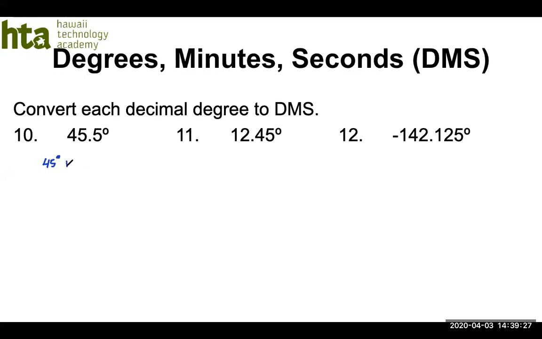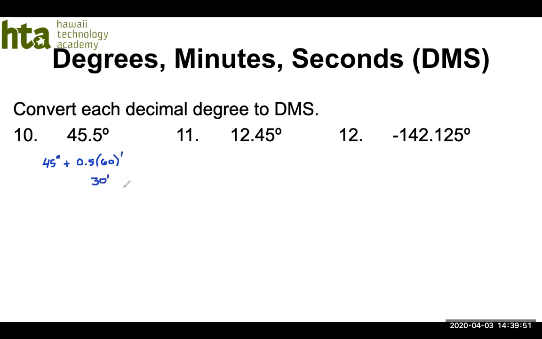Then we're going to take the decimal, 0.5, and we're going to multiply that by the number of minutes, 60 minutes. And that's going to convert it to minutes. So 0.5 times 60 comes out to 30 minutes. That is a nice clean whole number.